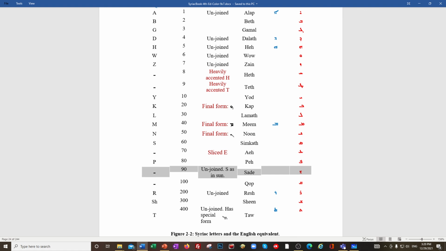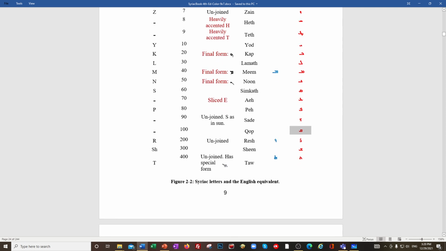You may have an equivalent to this in your native language, and you can use the language you speak to get close to the letter. The next one is qob. Numeric value is 100.